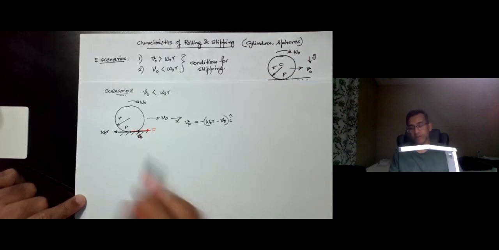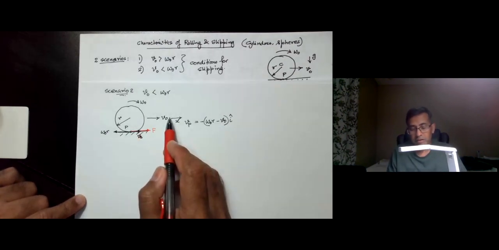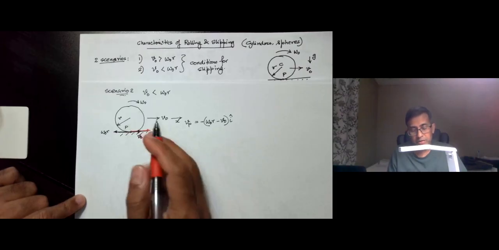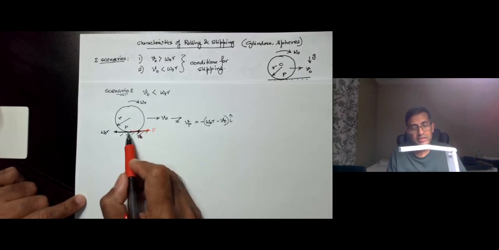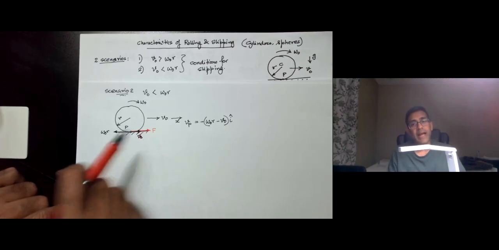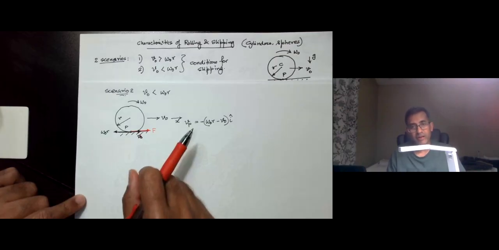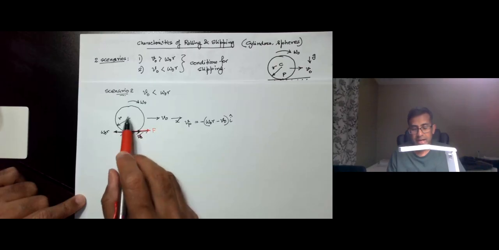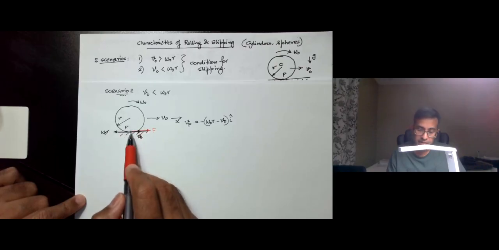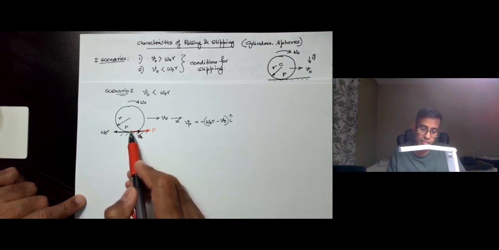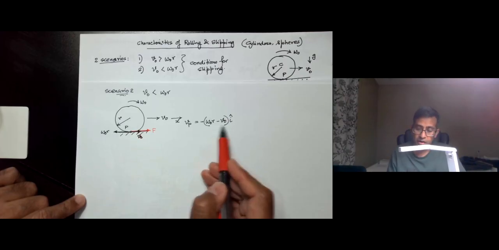So here you see, although the disk is moving forward with a velocity V0, sometimes intuitively, if we don't understand this detail, we may just put the friction force to be backwards, but that's not the case here. Here the friction force is actually acting in the forward direction, because although the disk has a forward velocity, it has a very high spin, and because of that the contact point with the ground, which is the point P, has a relative velocity with respect to the ground in the backwards direction, which is omega naught R minus V0.